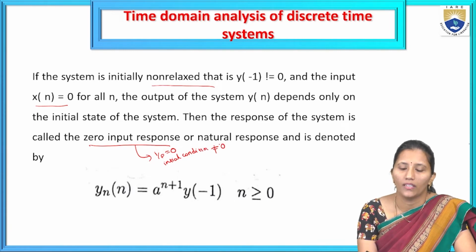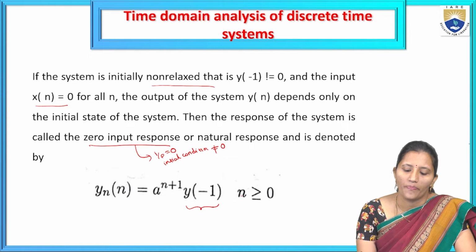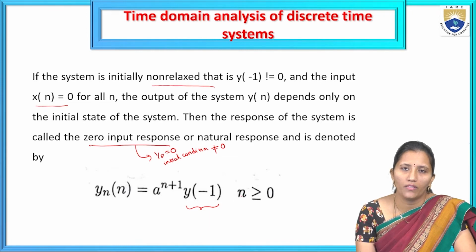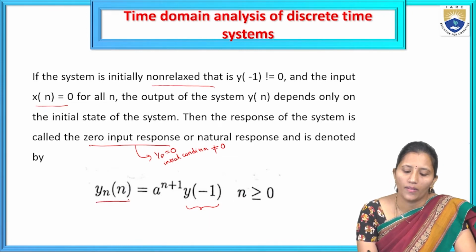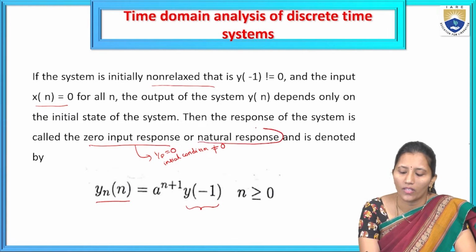So here in the equation, the first term is a power n plus 1 y of minus 1, so it depends on the initial condition. The second term depends on the input, so we have to make the second term equal to 0 because in 0 input response, input is equal to 0. So here the 0 input response is equal to a power n plus 1 y of minus 1. So here 0 input response is also called the natural response.